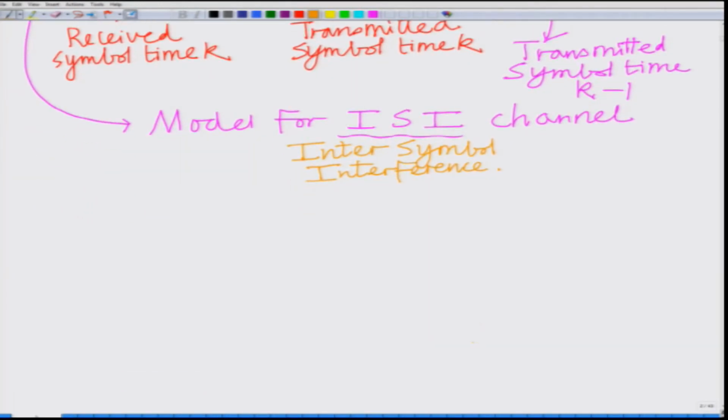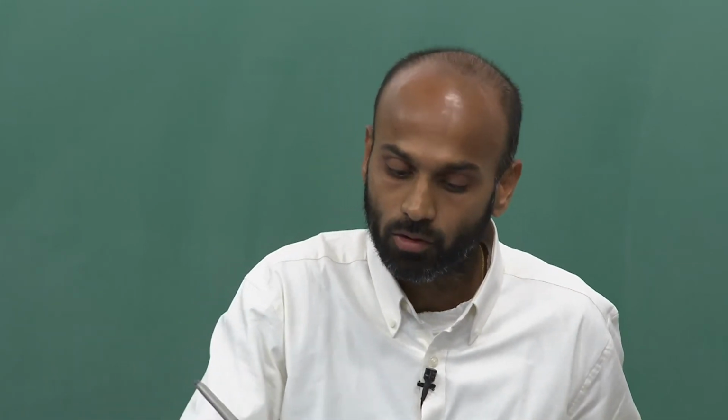Previously we have seen that equalization is a technology to overcome inter-symbol interference. Now what we are saying is that OFDM is another technology which can overcome this inter-symbol interference, and very efficiently. We are going to see that.